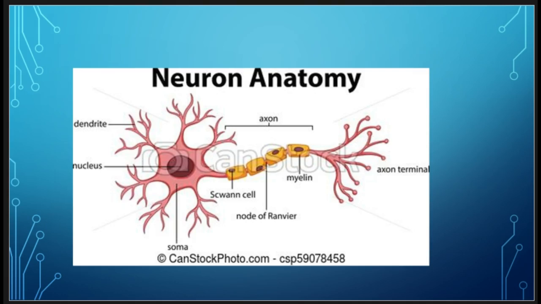The saltation process allows the message being sent from the dendrites through the axon to happen at a much faster rate. Saltation is a process of bouncing along. You see this in geology along the bank of a river, where sediment is being transported as it bounces along.